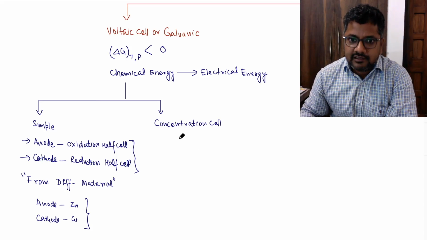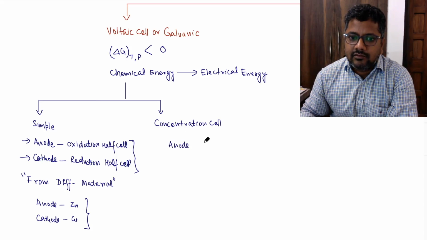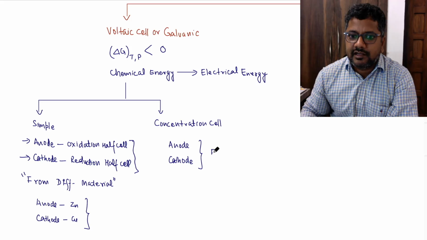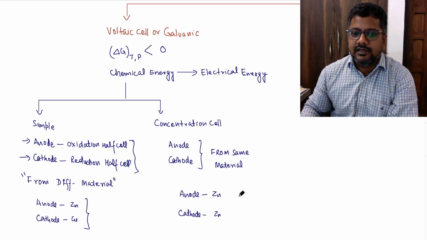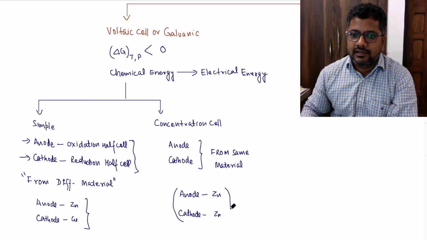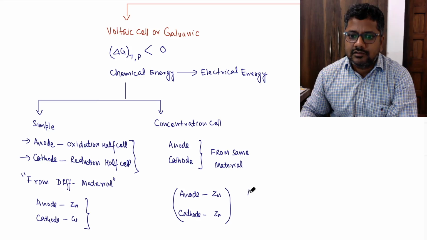This is how to identify whether it is a simple voltaic cell or a concentration cell. In a concentration cell, anode and cathode are from the same material. For example, anode made up of zinc and cathode also made up of zinc, or anode of copper and cathode also from copper.